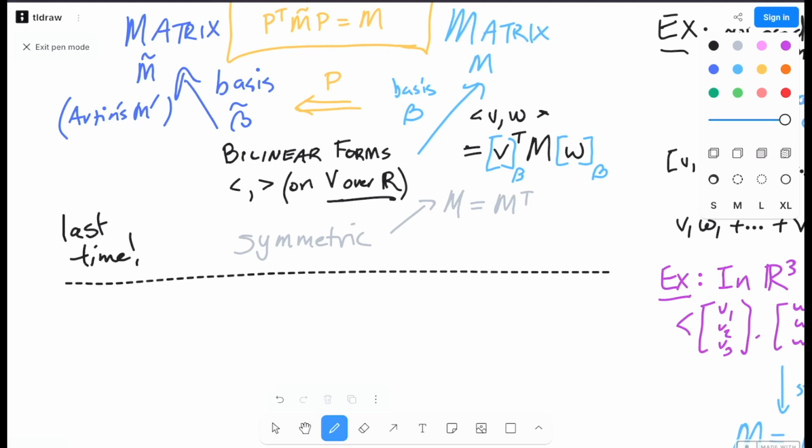But let's pretend for a second that this concept does make sense. So can we choose an orthonormal basis, or some particularly nice bases?